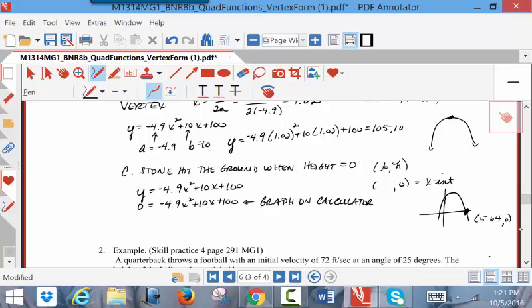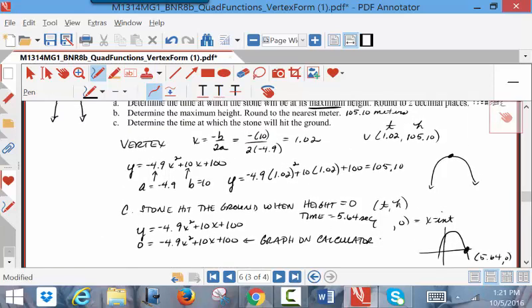So it's going to hit the ground when the y value is 0, and the time is approximately 5.64 seconds. Okay, now that's hard to get that exact to the hundredths, but we are really close. That's a pretty darn good value.